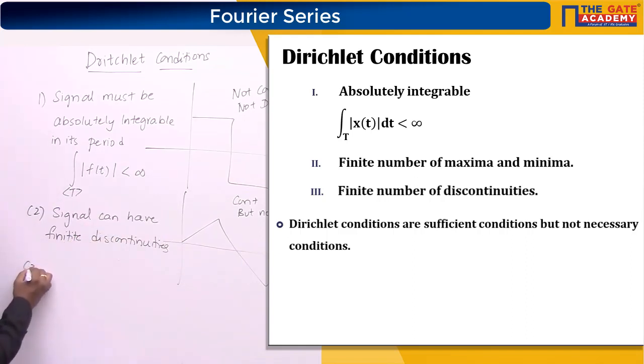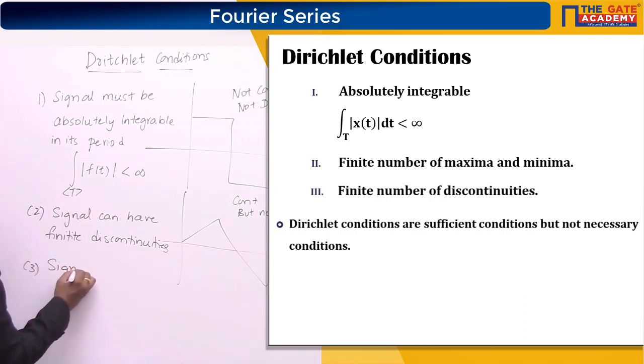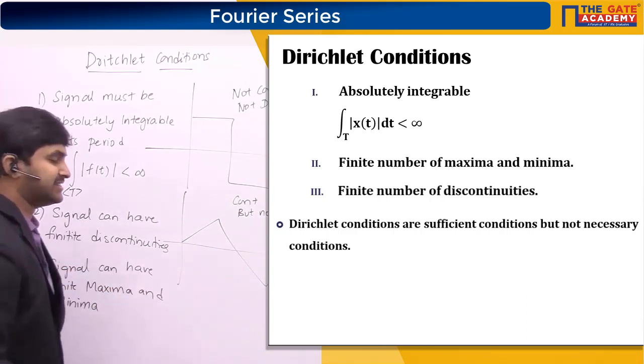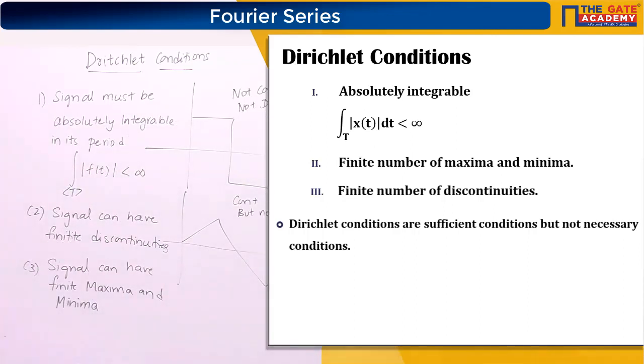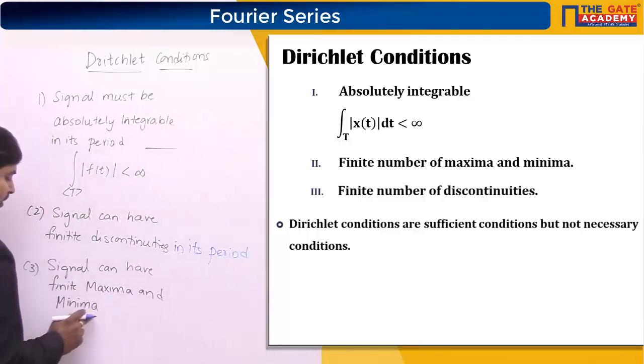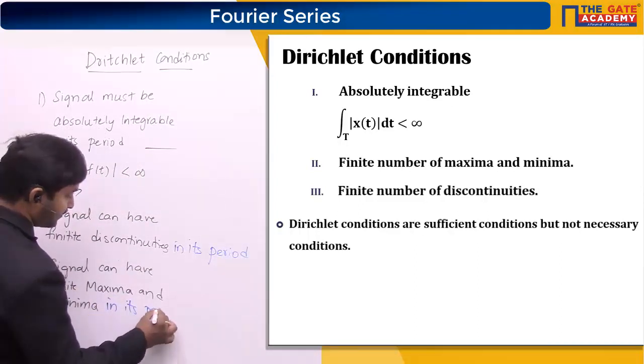And the third is that the signal can have finite maxima and minima. These are the three conditions given by Dirichlet. If these are satisfied, the signal will have a Fourier series expansion. Finite discontinuities and finite maxima and minima are both in its period.